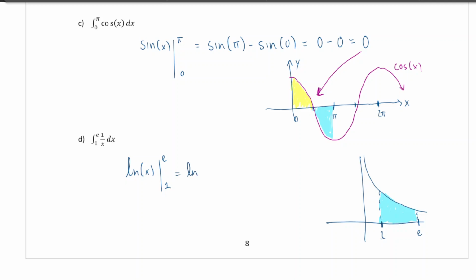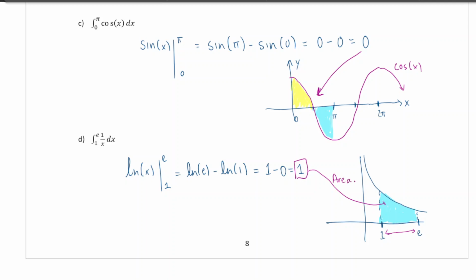And so I'm going to get ln of e minus ln of 1, and we know that ln of e is 1 and ln of 1 is 0. So I actually get 1, which is really cool. So this has an irrational width here for this region, but the area is exactly 1. I think that's really interesting.